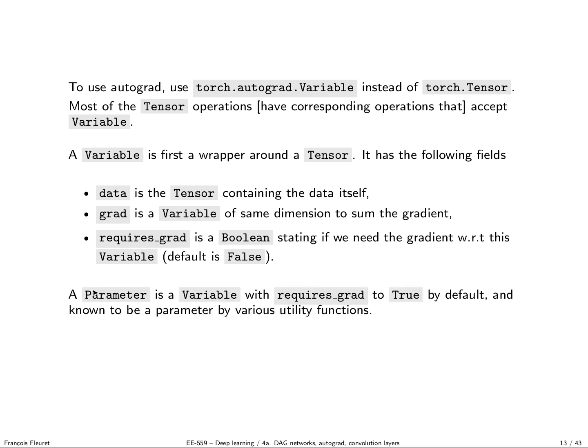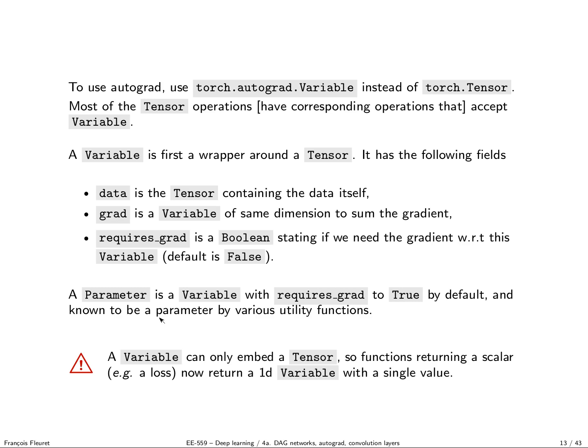We have another type called Parameter, which is simply a Variable with this set to true by default, and which is also known by all the PyTorch machinery as being a parameter. So in particular, when you want to save a model on disk or when you want to optimize things, when PyTorch finds a parameter, it will know that you want to use it in a certain way in certain situations.